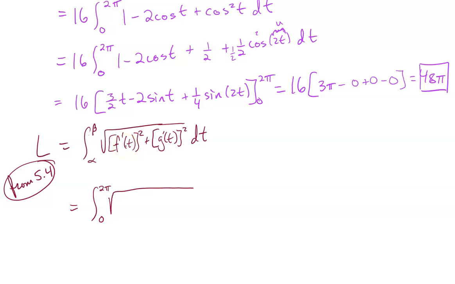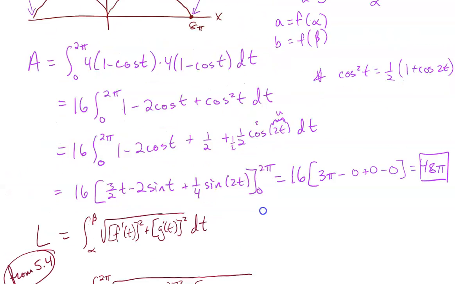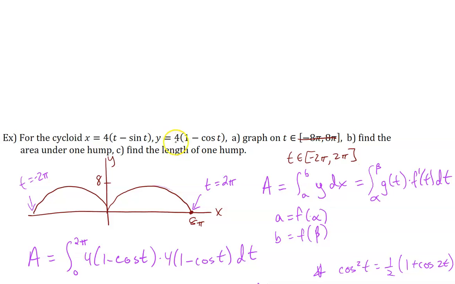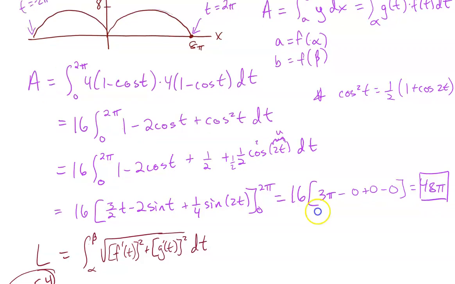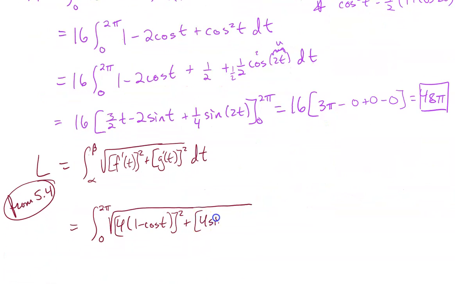Okay, so f prime is going to be 1 minus cosine t, and then, oh, I forgot the 4. 4 times 1 minus cosine t, and then that whole thing is squared, plus, and then y prime, so y is 4 times 1 minus cosine t. This derivative is 0 plus sine, so we have 4 sine t, and then that whole thing is squared dt.